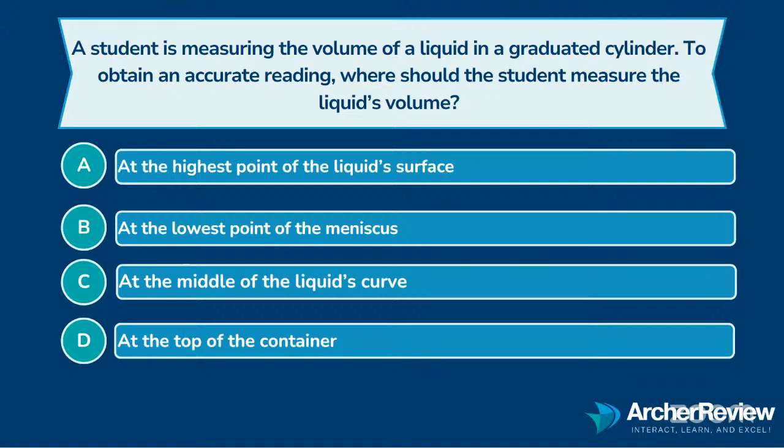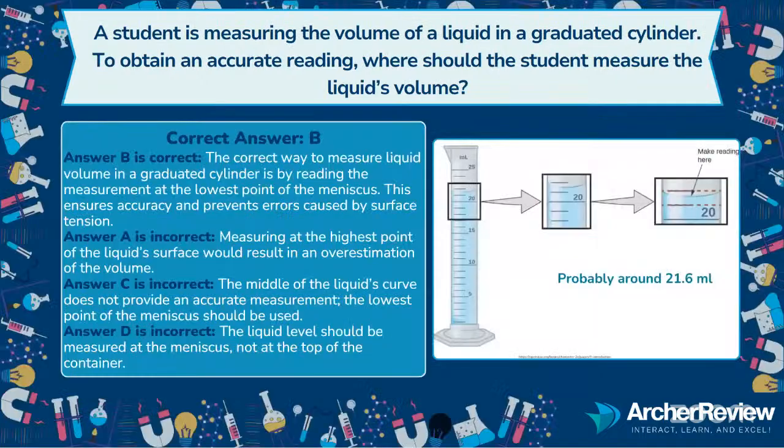Okay, are we ready for the big reveal? The correct answer is B. If you remember when we went through this yesterday, if you participated, the lowest point of the meniscus, the bottom of that curve, is where we're measuring.